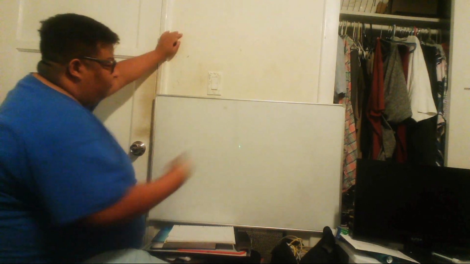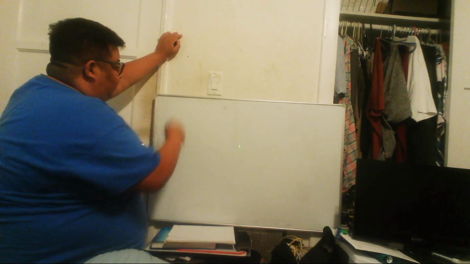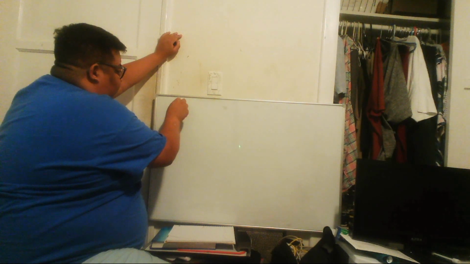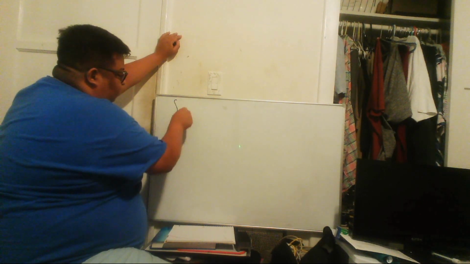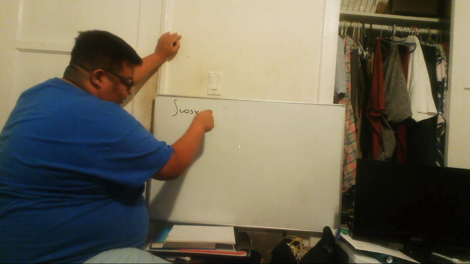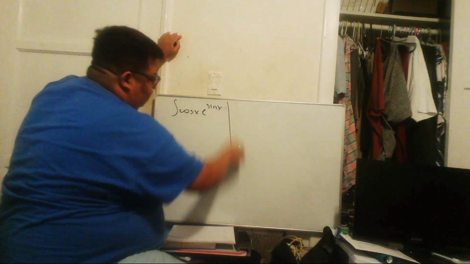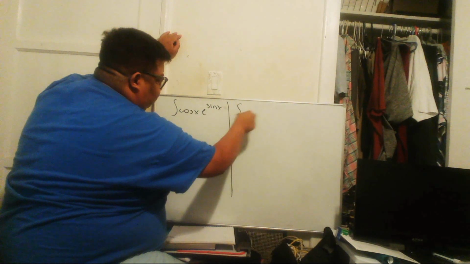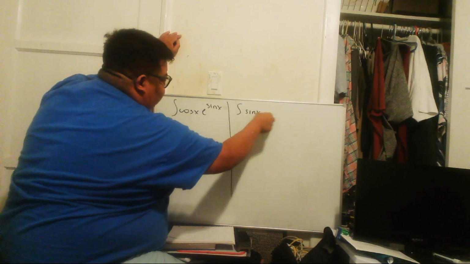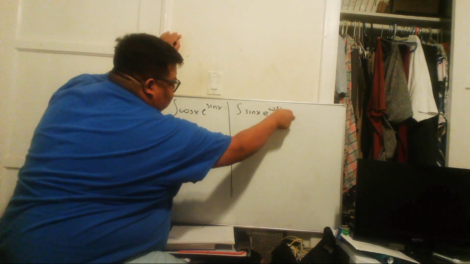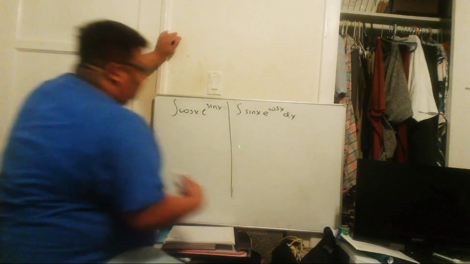In this video we're gonna talk about two integrals that I previously worked on. One of them was right and one of them I forgot to write a negative sign. The first integral was cos x e^(sin x), and the second integral is sin x e^(cos x) dx.